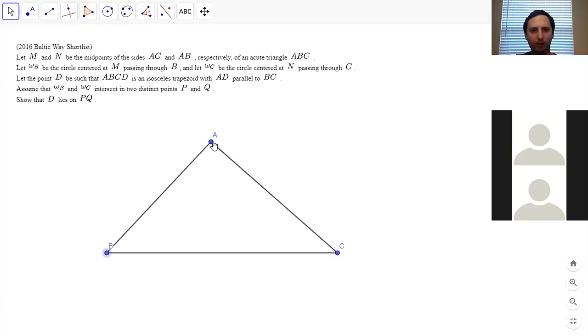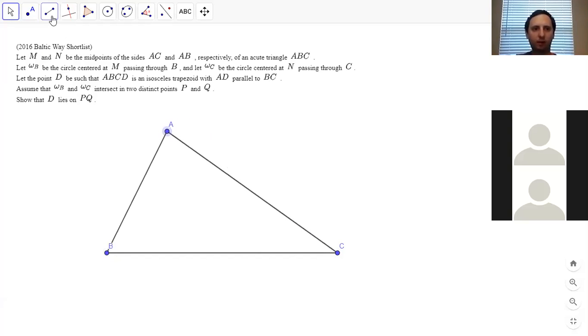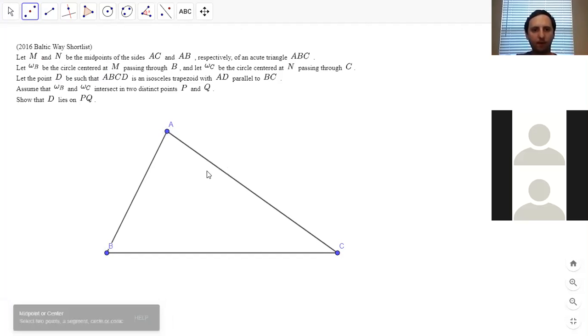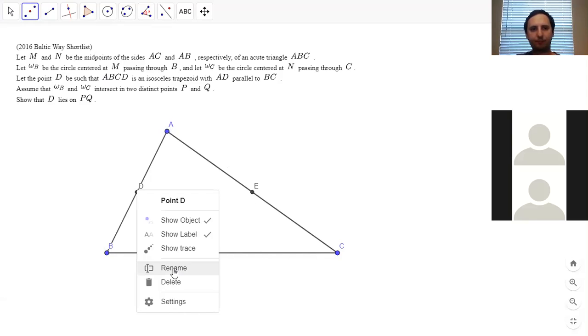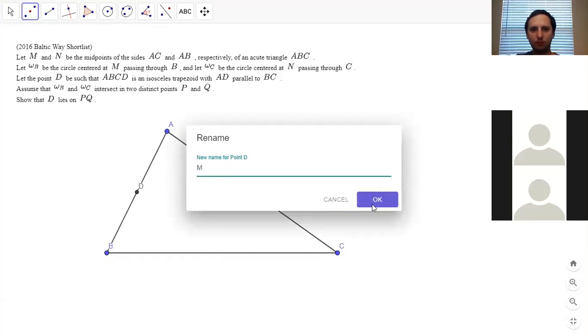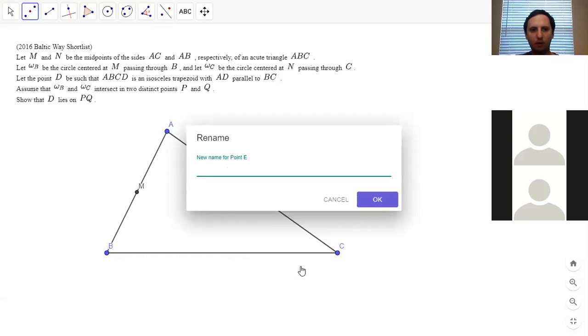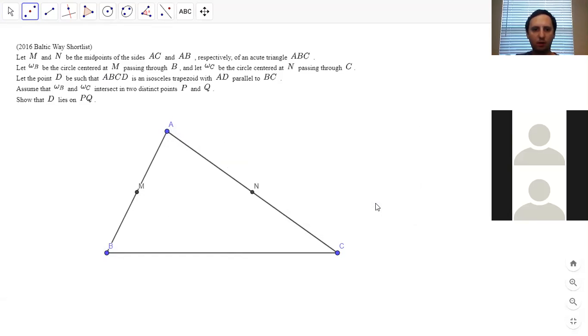So M and N are the midpoints of those sides. And then the circle centered at M passing through B. Oh, M is the midpoint of AC.